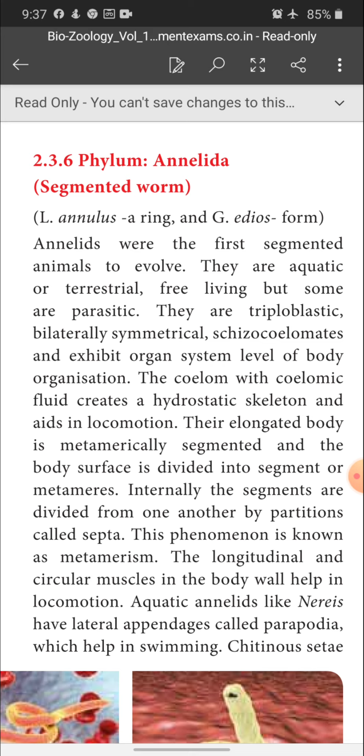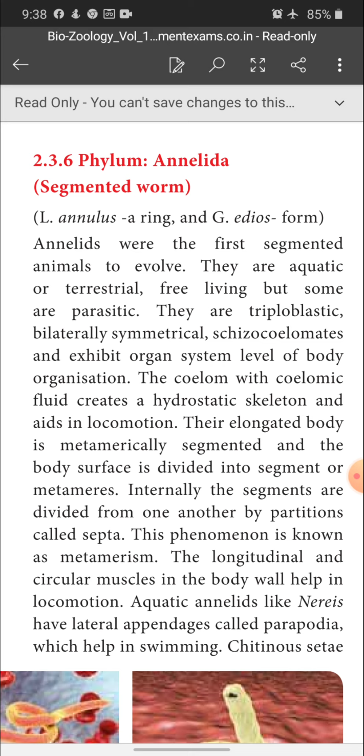Their elongated body is metamerically segmented and the body surface is divided into segments or metamers. What does elongated mean? A lengthy, cylindrical body is divided into many segments, and this is called segmentation, and the segments are called metamers.